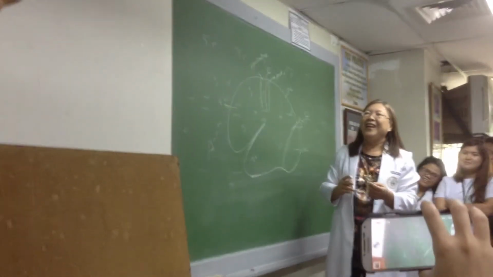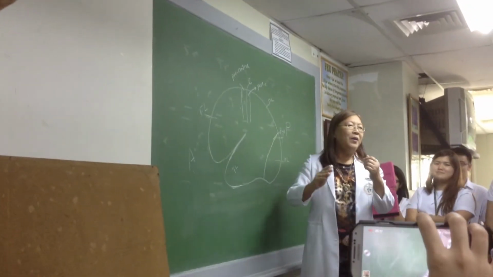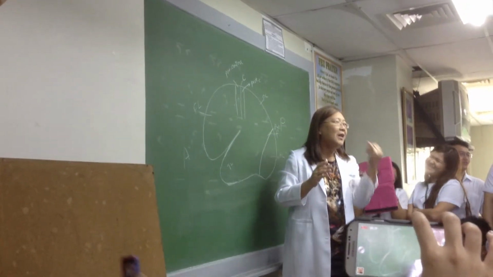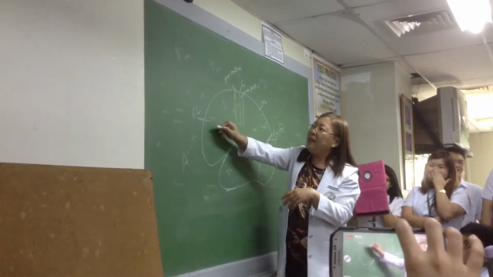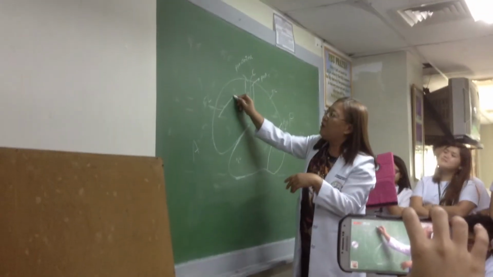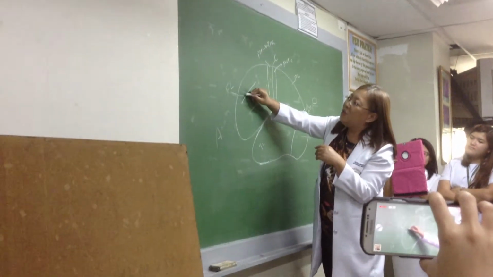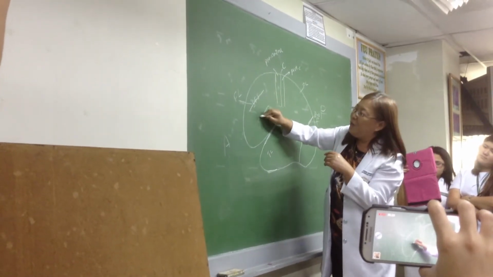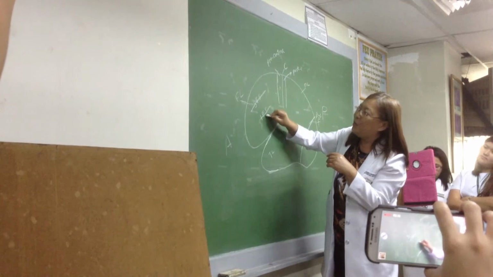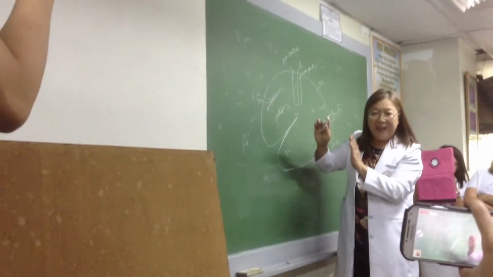Okay. Anyway, so let's look now at the frontal lobe. The frontal lobe has three sulci. Ano po yung mga sulci niya? Pre-central, and then you have two running horizontally. Ano po yung two running horizontally? So, superior frontal sulcus, inferior frontal sulcus, which divides now your frontal lobe into gyri.